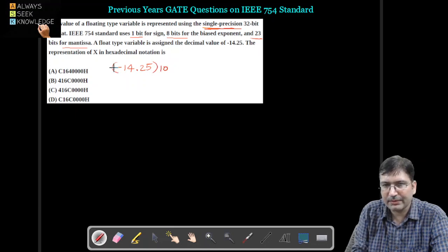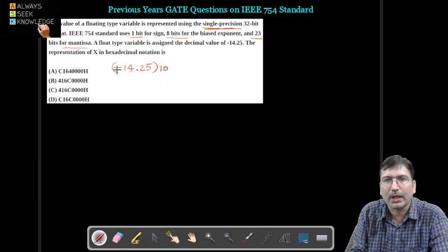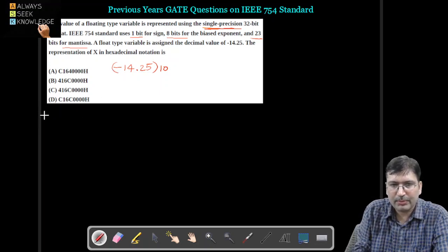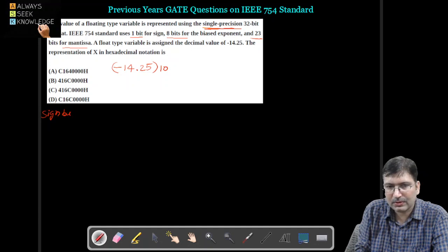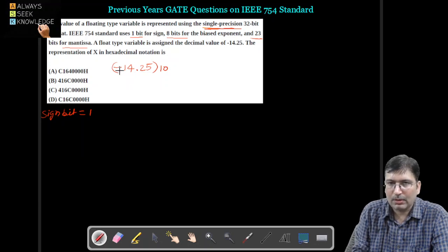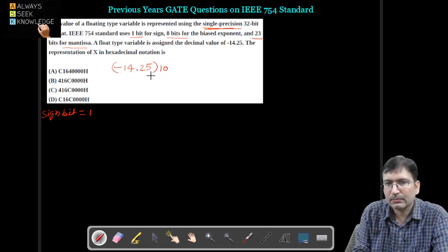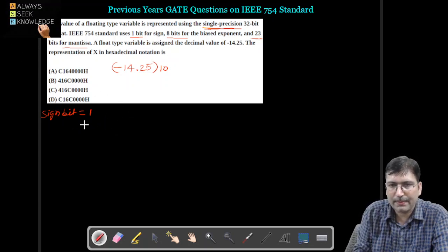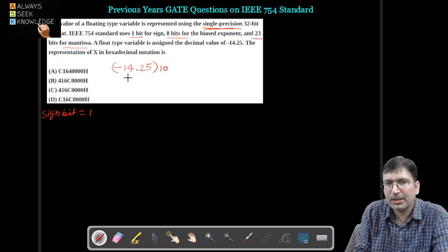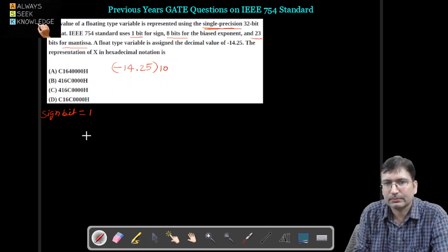This number is negative. That means the sign bit will be 1, that's for sure. Now let's represent 14 and this 0.25 in binary first. How many bits will be required to represent 14?